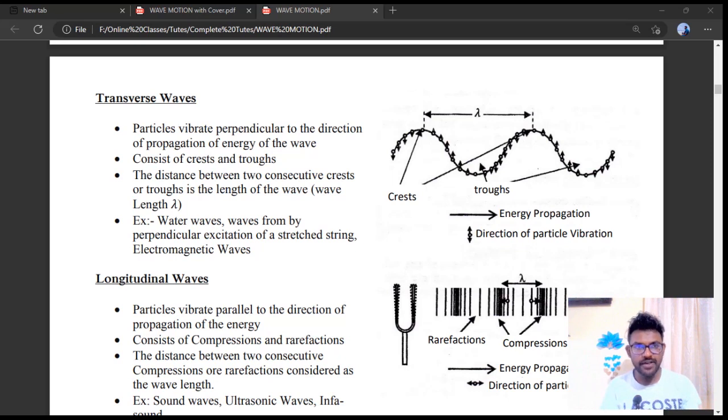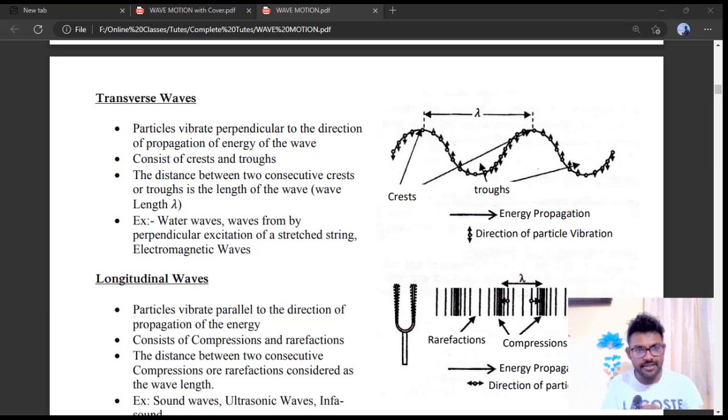The transverse wave has crests and troughs, right? The crests are the peaks, and the troughs are the valleys. So a crest, then a trough, then a crest, likewise it goes forth. We can define the length of the wave, how far the wave extends, by defining something called the wavelength, that is lambda, right?